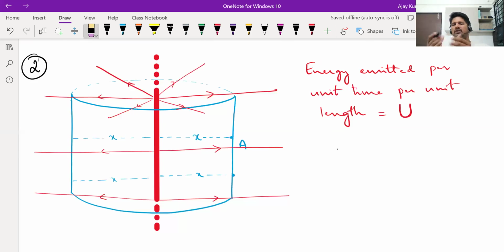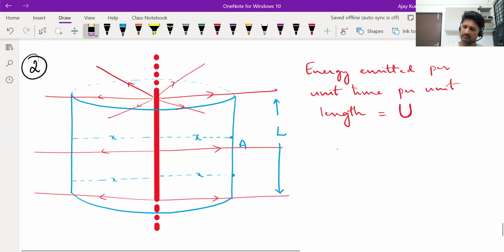So if you consider a coaxial cylinder, that coaxial cylinder will have points at which the intensity is the same. Let's say the length of this cylinder is L. The cylindrical surface that we have visualized is enclosing some part of the source.